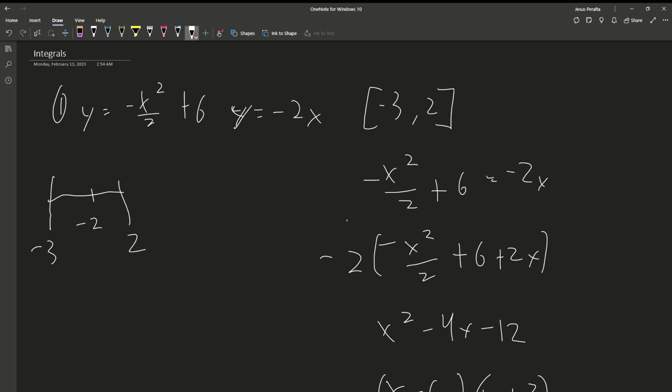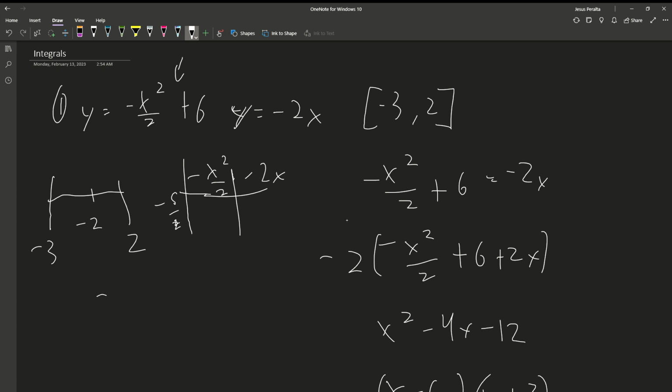We could just do this one and signify it as this equation, and then negative 2x for the other one. And then we're going to pick a number from negative 3 to negative 2, which is just going to be negative 5/2. From there, we're just going to plug it into the first equation.